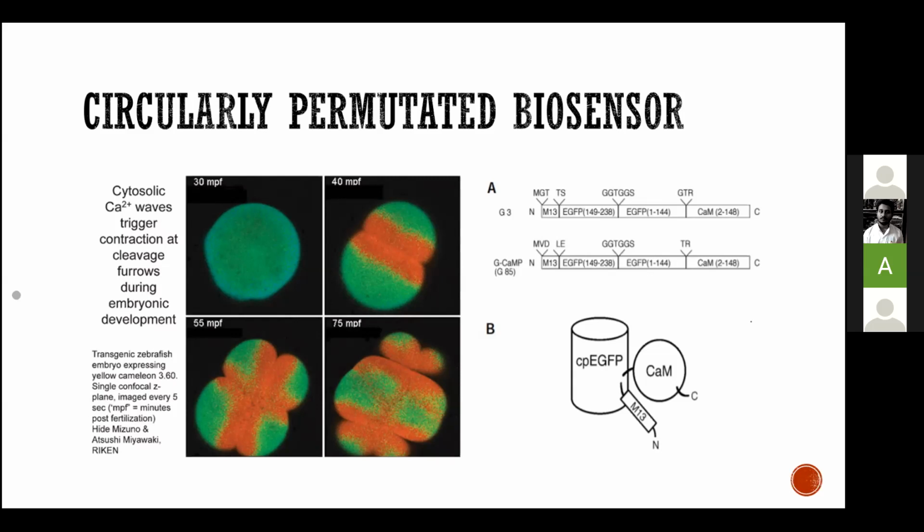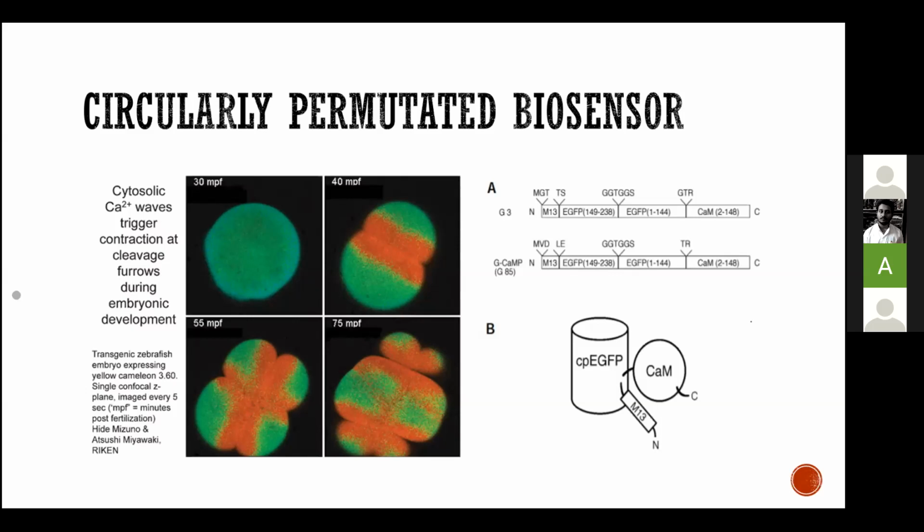All of us know that when an egg is fertilized, it divides into cells, and further into more cells, and when it divides, it causes a furrow between the divisions. So in the 40 MPF picture you can see a furrow which has a bright red signal coming out of it.